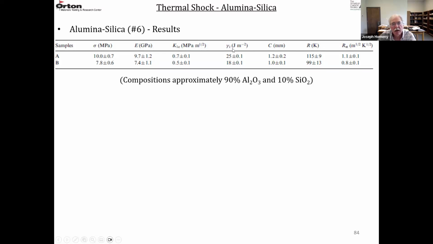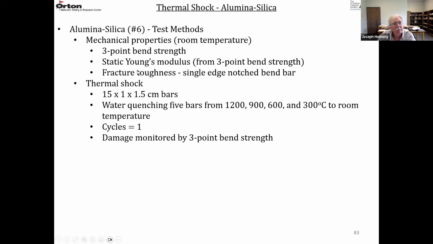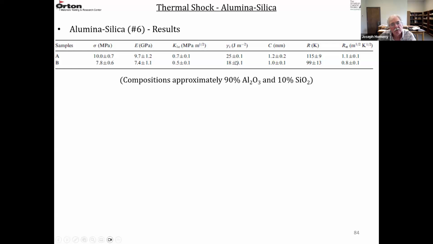And then gamma F was calculated off of the fracture toughness, so that's fracture initiation, in joules per meter squared, 25 and 18. So the fracture surface energy was for crack initiation.